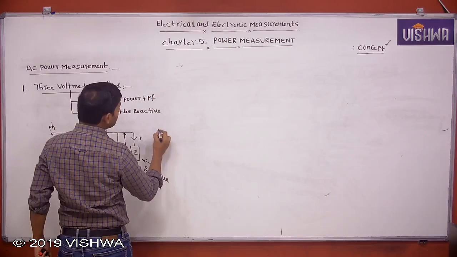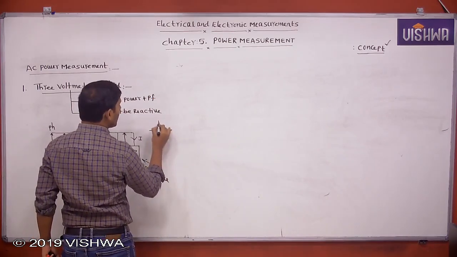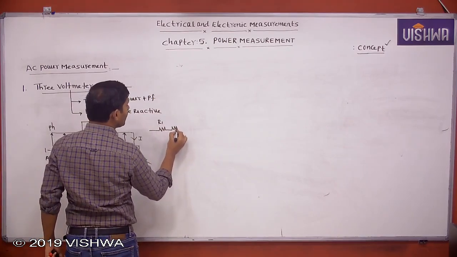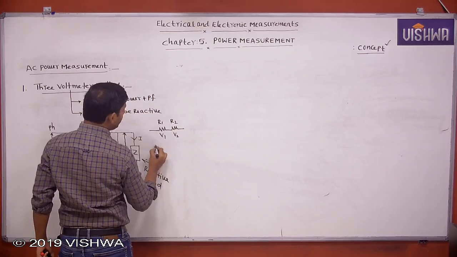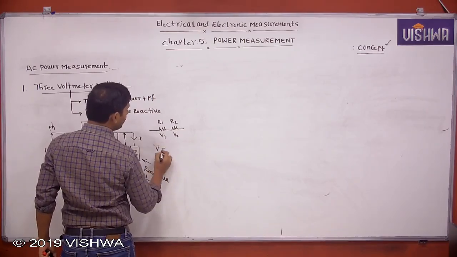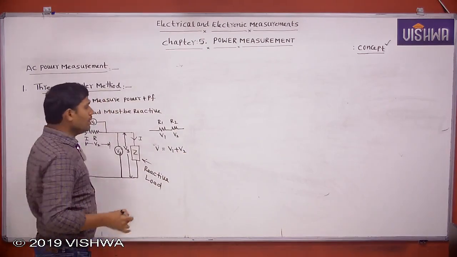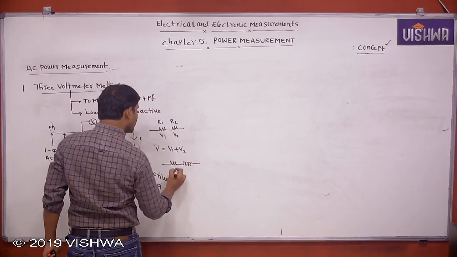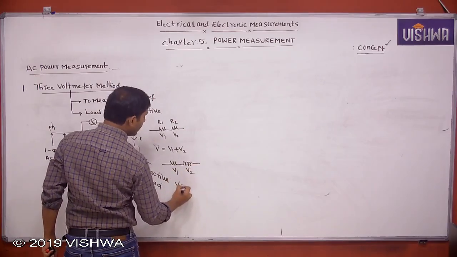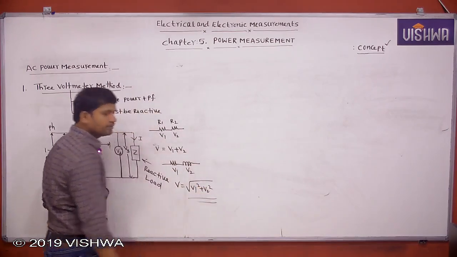If two resistors are like this, R1 and R2, with V1 and V2, how to write V equal to V1 plus V2? It is the arithmetic sum. For one resistor and one inductor, with V1 and V2, how to write V? V equal to square root of V1 square plus V2 square.